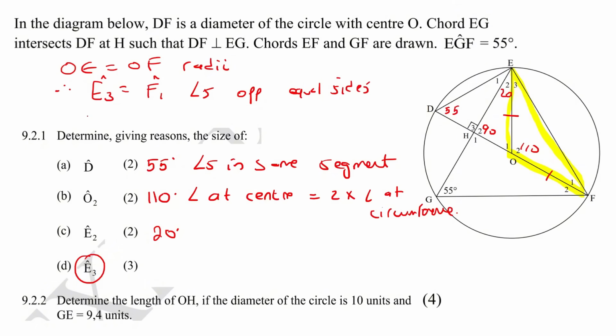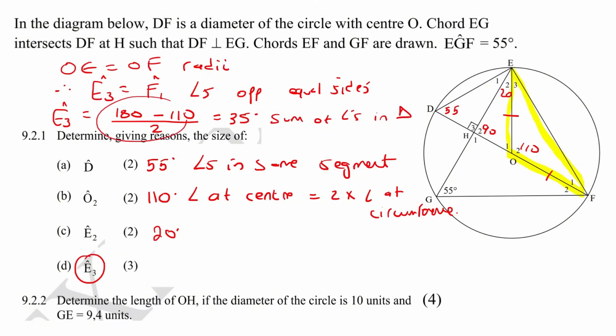And so then we could easily work out E3 as, you could say, 180 minus 110, and whatever that answer is, divide that by 2. And that's going to give you 35. And that is because of the sum of angles in a triangle.